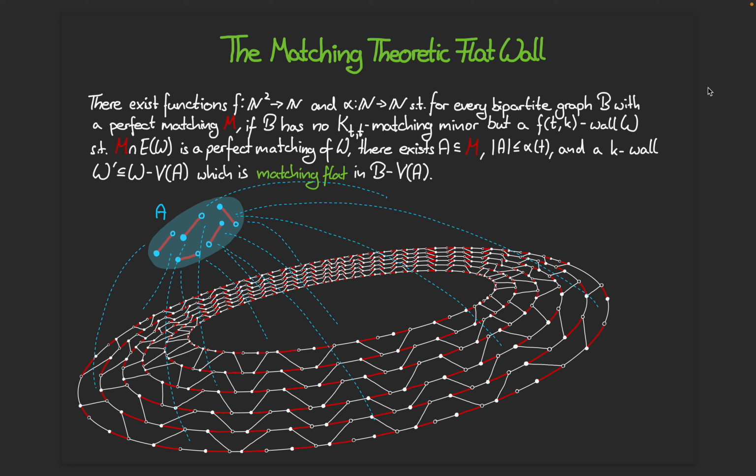So it cannot start somewhere in the wall, follow along an alternating path, and then end somewhere else in the wall. This means, and this is what the word matching flat tries to capture, that essentially anything that's attached to the inside of the wall, so anything that sits between this outermost and this innermost cycle here, can be separated from the part that attaches fully to the wall by very small, very specific separators, namely by 4-cycles.